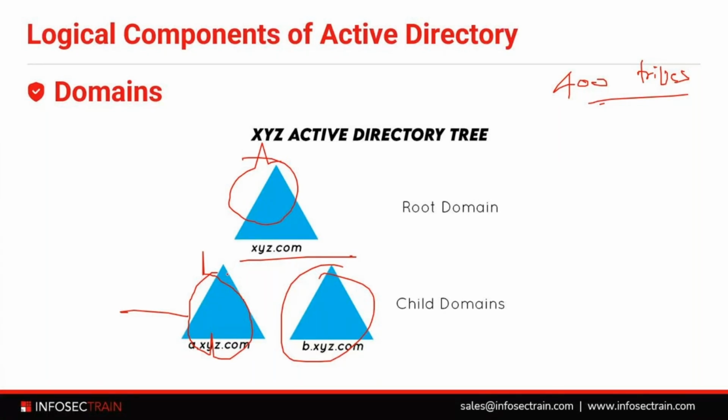Now, each object has its own administrative goals. Individuals in the tribes have different identities and responsibilities, but all of them are part of the tribe and the forest. In the same way, all the objects in the domain, all the users or all the computers, are part of the common database. Everyone in the tribe needs to follow some common rules.